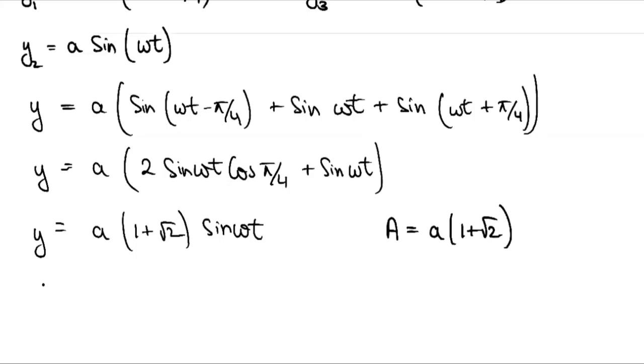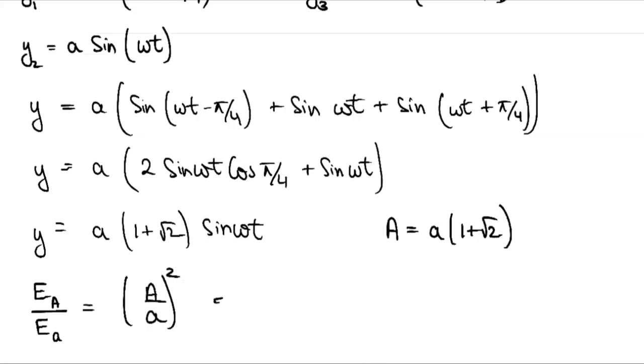We also know that the energy of the resulting SHM, which can be denoted by E capital A, and the energy of the single SHM, which can be denoted by E a, their ratio is equal to capital A by small a squared.